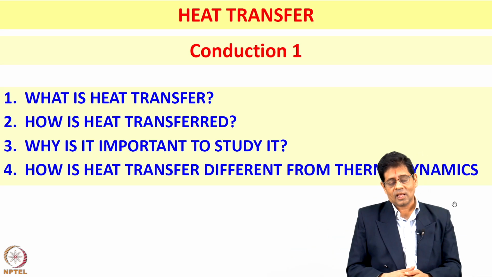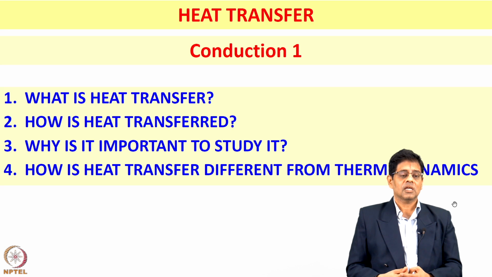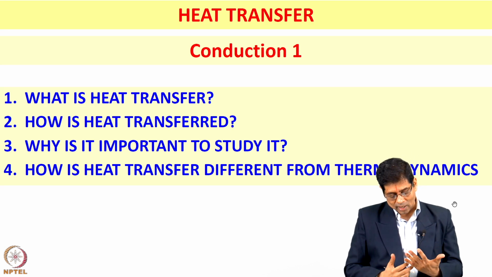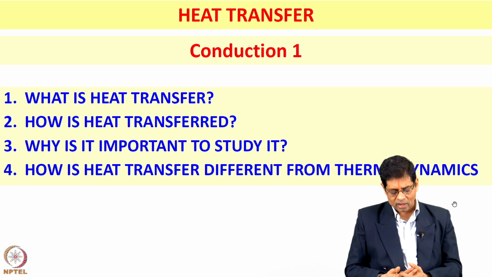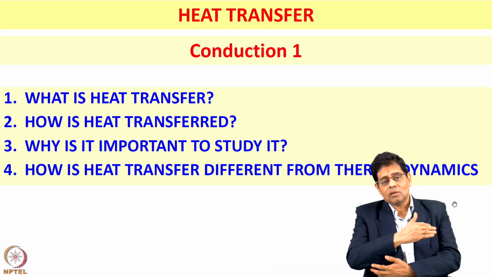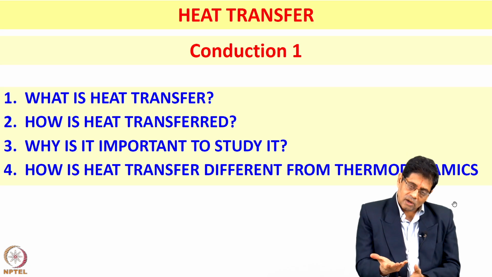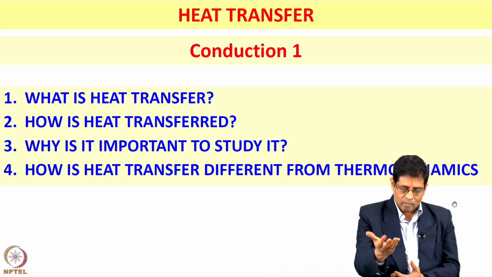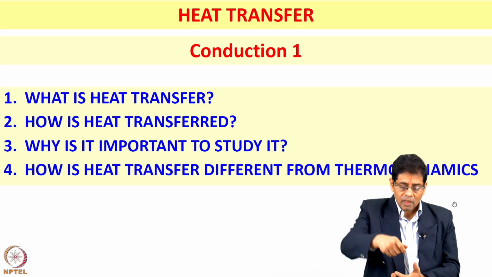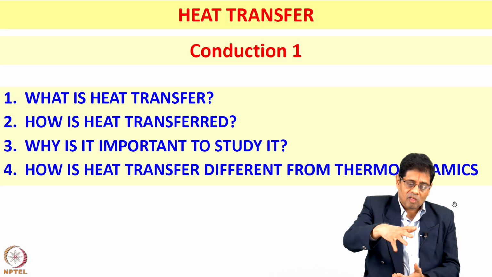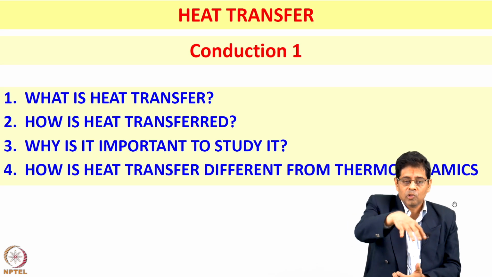Convective heat transfer, on the other hand: conduction is primarily in a stationary fluid or a solid. Convection is both. Advection we will define in a more systematic manner, but convection is where there is actual motion of the fluid. So if you are trying to boil water for tea, or you have made some mixture which is getting heated from the bottom, we always keep on stirring it because we want the temperature to become uniform throughout.